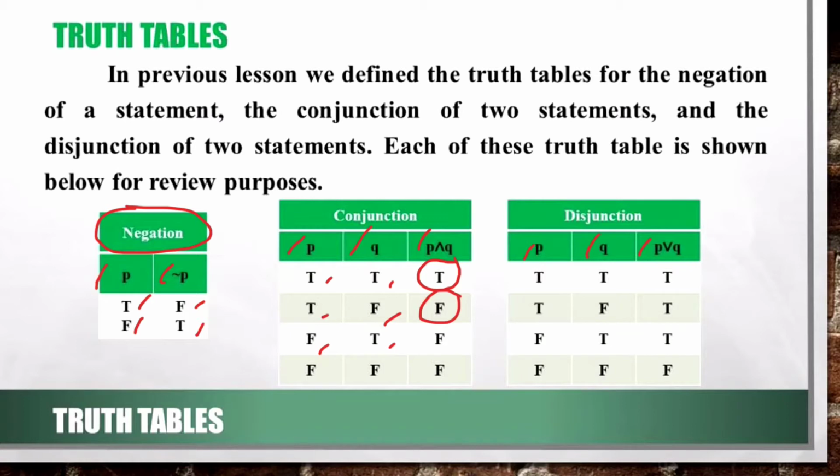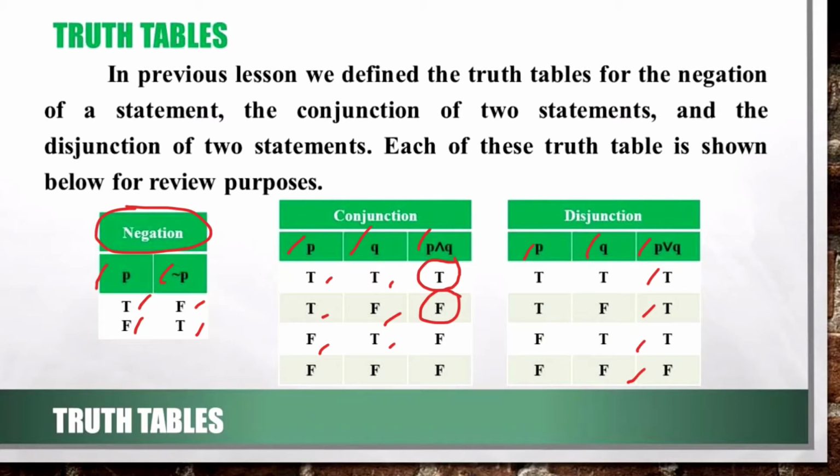So here, true or true, the answer is true. True or false, it is true. False or true, it is true. False or false, false. Because a false combined with another false will never become true.